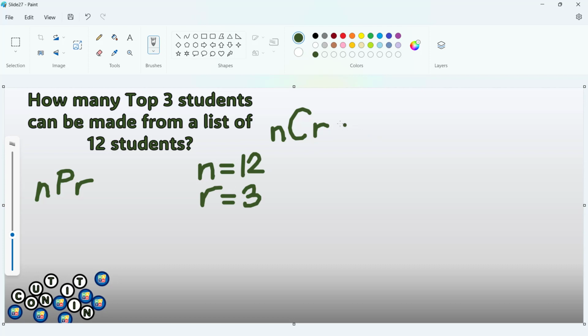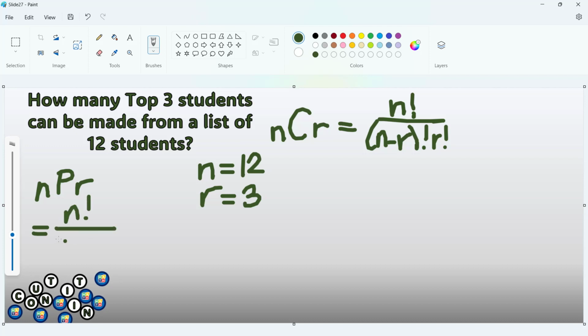So for combination, the formula is n factorial over n minus r factorial times r factorial. This is different from the formula of our permutation, which is n factorial over just n minus r factorial. We don't have this expression here.